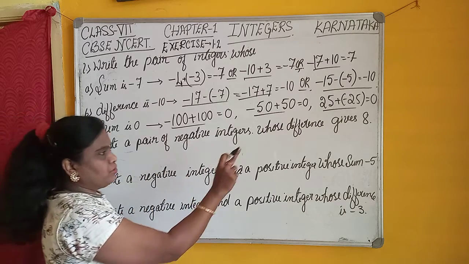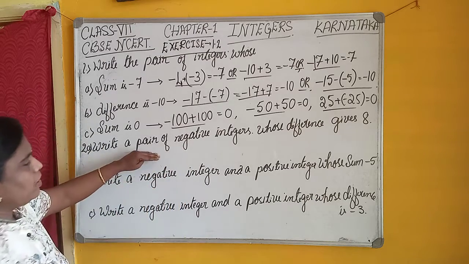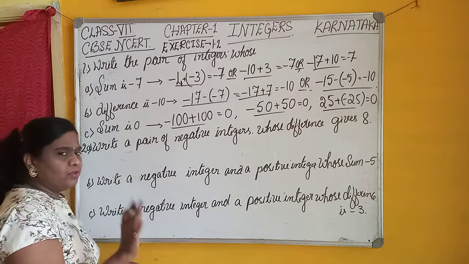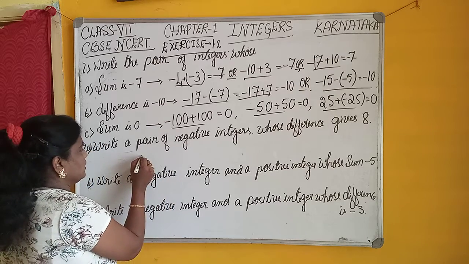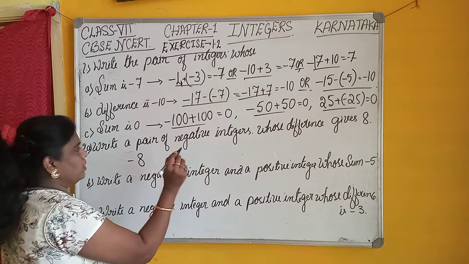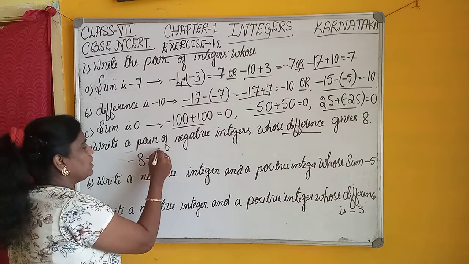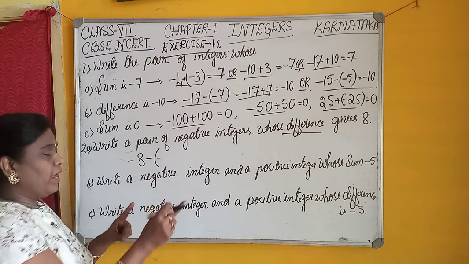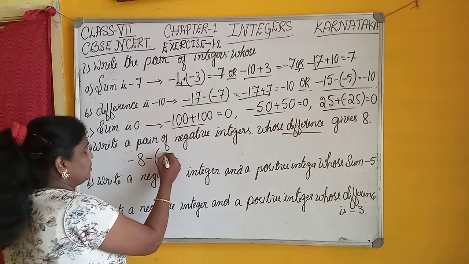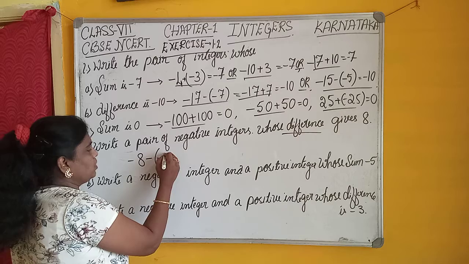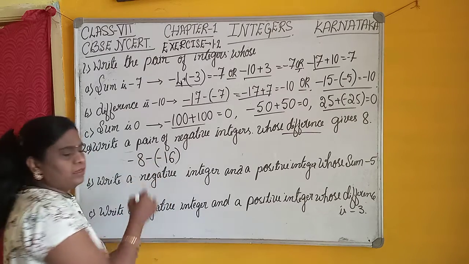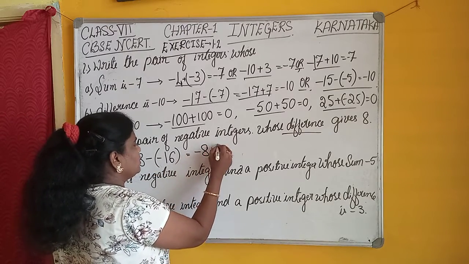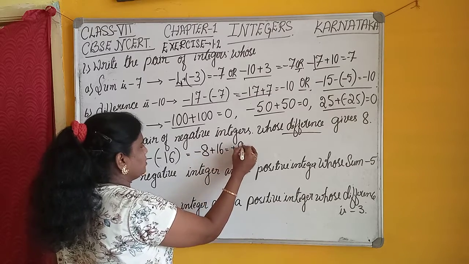For example, if you take -8 minus of -16, that is equal to -8 plus 16, which is equal to plus 8.